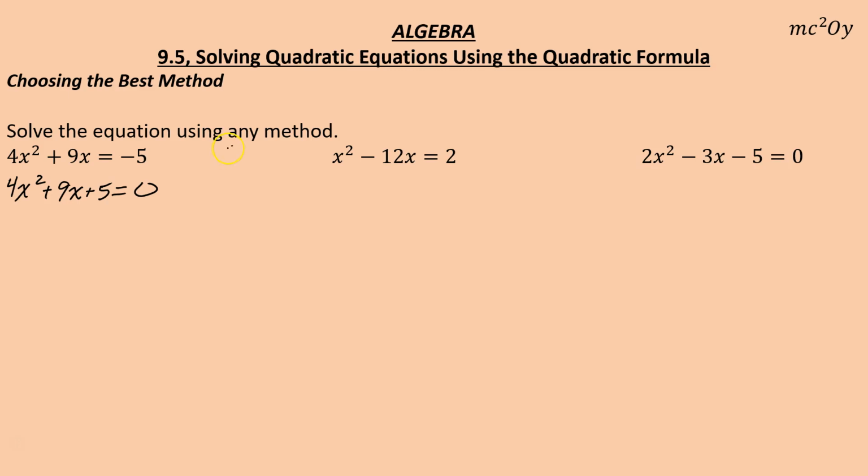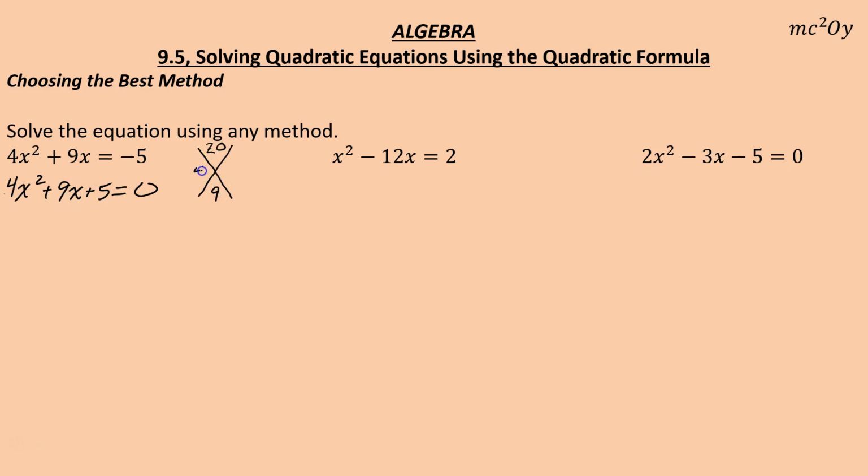So a quick reminder on factoring. I use this method, that X there. Two things that multiply to make 4 times 5, A times C, which is 20. I got that 20 by multiplying first term by last term, or first coefficient by last coefficient, 20, and add to the middle, 9.